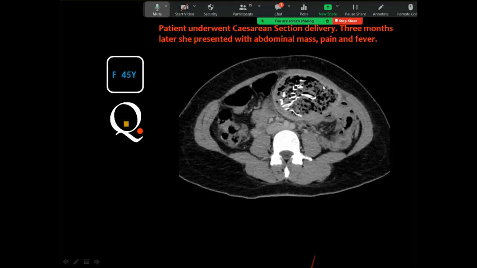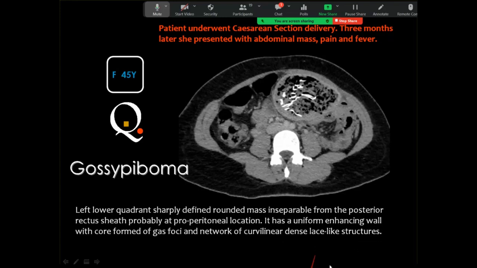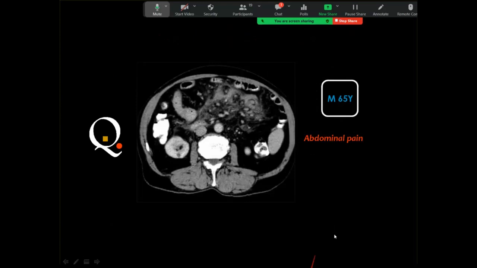Then you got air entrapped between the meshes of the retained gauze, and you got a significant inflammatory reaction resulting in what looks like a wall, but this is inflammatory granulation tissue surrounding the retained gauze, and this is gauzy pupoma. Next case.